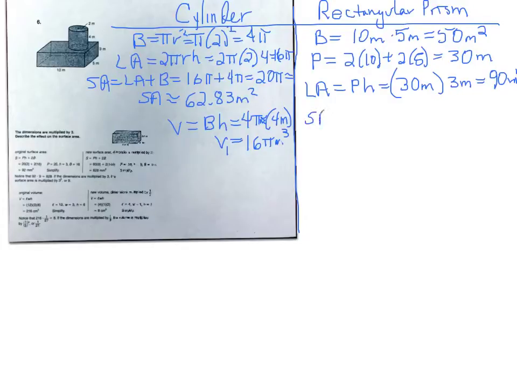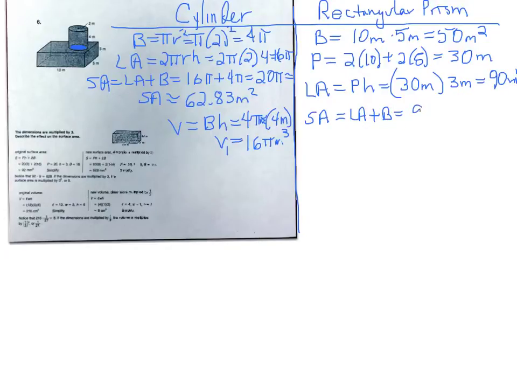And now for the surface area. We're going to get the total surface area, and then I'm going to subtract the area of one of the bases from the surface area of that prism on the bottom. So surface area is lateral area plus the area of the base.